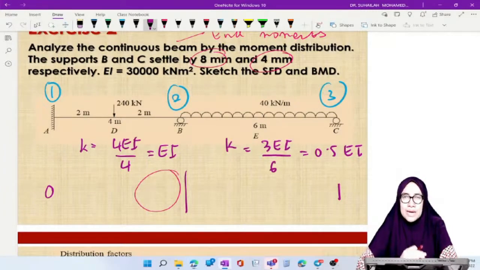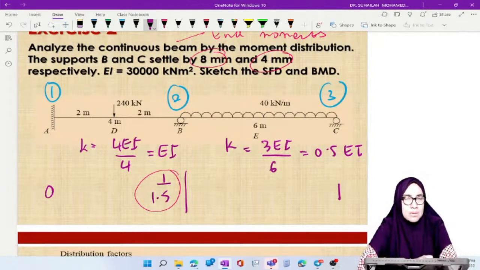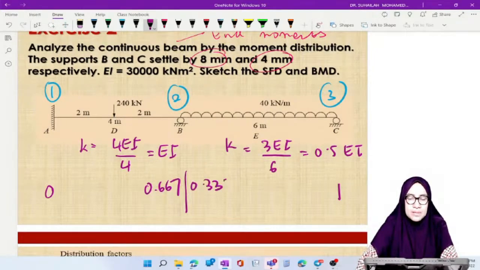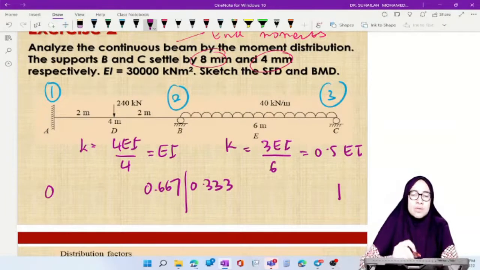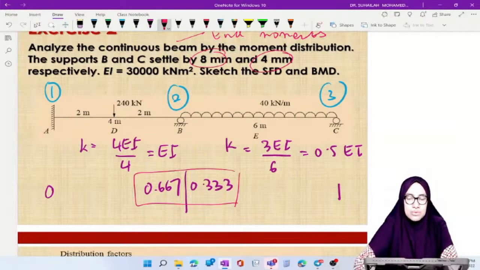Whenever we calculate the stiffness factor, EI over EI cancels for the distribution factor. It is 1 divided by 1.5, which is 0.667. The other one is 0.333, because the total must equal back to 1.